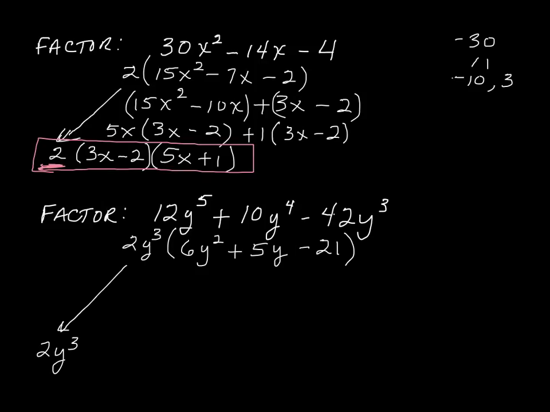So, oh my, I got to multiply 6 times negative 21. Okay, so let's see. I have to use my calculator here. 6 times negative 21. So that's a negative 126.